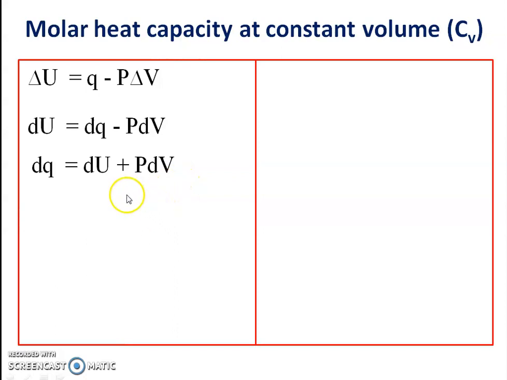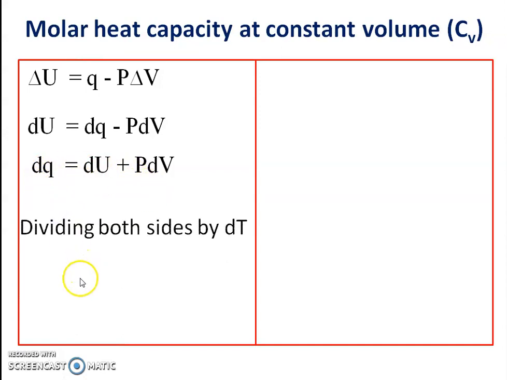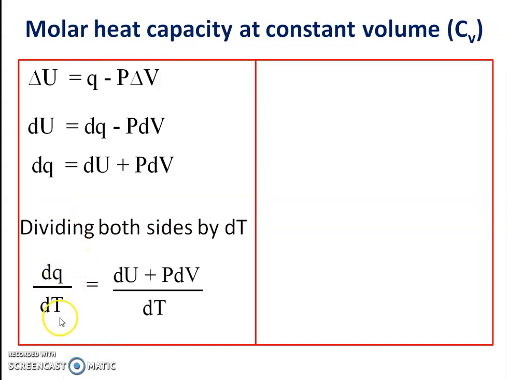Now dividing both sides by dT, we get dq by dT is equal to dU plus P dV by dT. But at constant volume, dV is equal to 0.